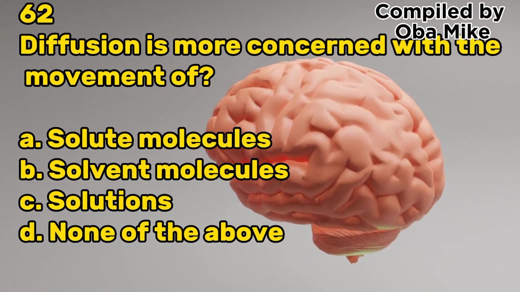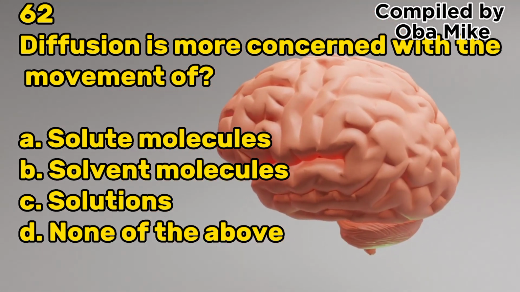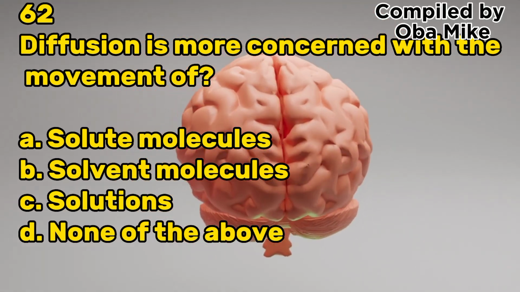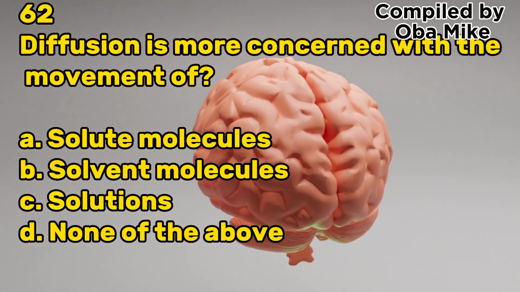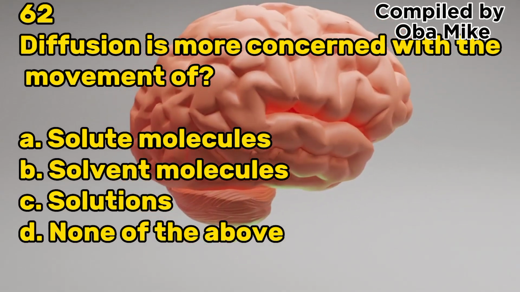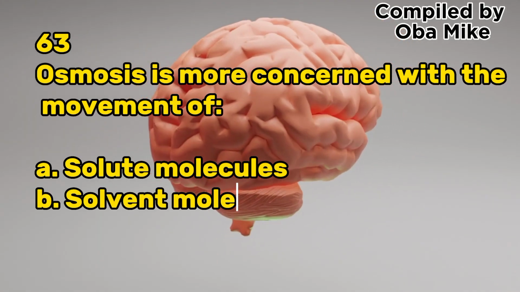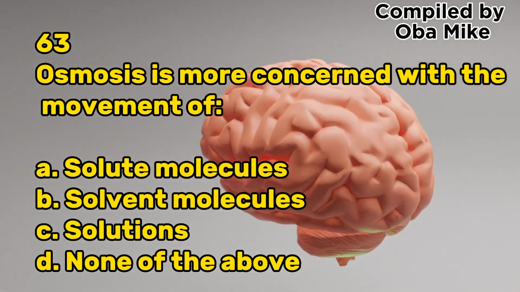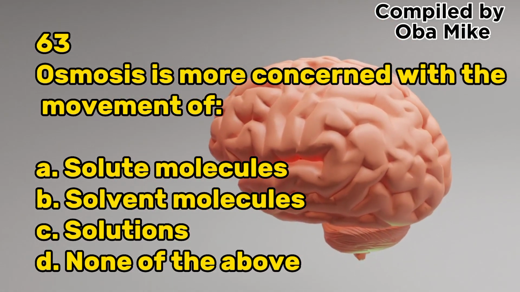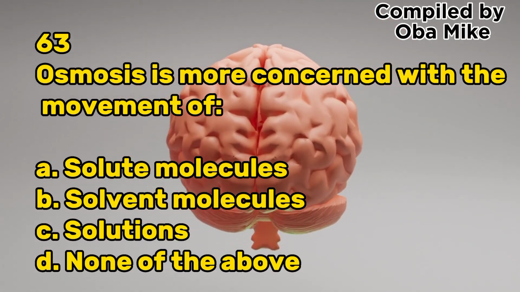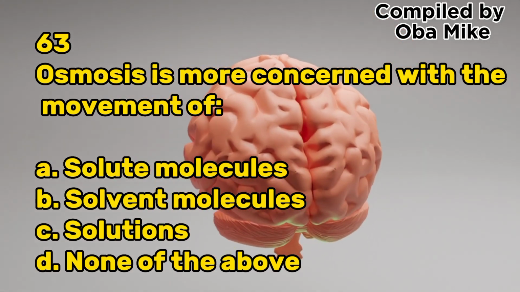Diffusion is more concerned with the movement of A. Solute molecules, B. Solvent molecules, C. Solutions, D. None of the above. 63. Osmosis is more concerned with the movement of A. Solute molecules, B. Solvent molecules, C. Solutions, D. None of the above.